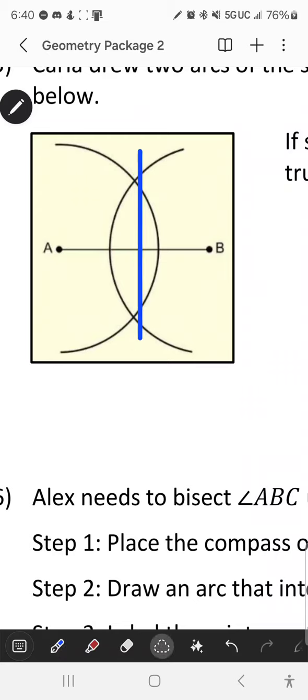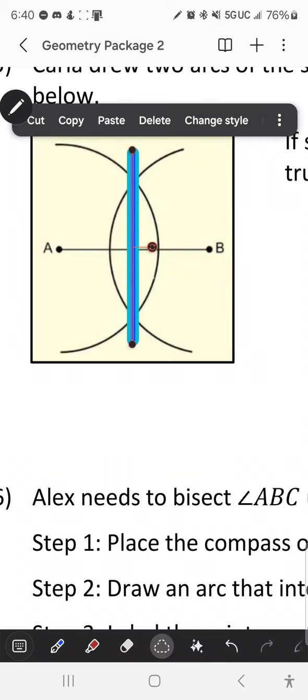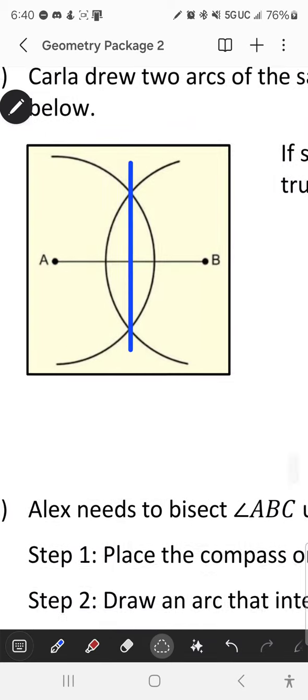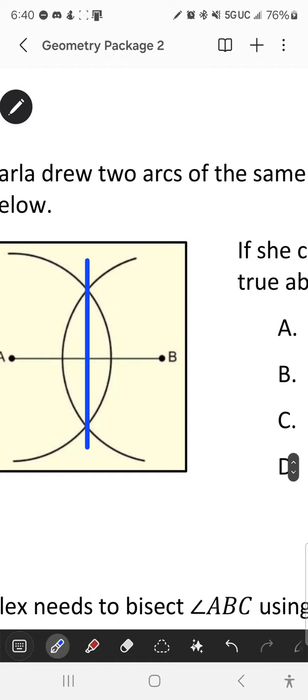As I explained before, if she connects these 2 points, okay, wait, I want to make this straight. Right there. Yeah, right there. So if she connects these 2 points, she's going to get a perpendicular bisector.